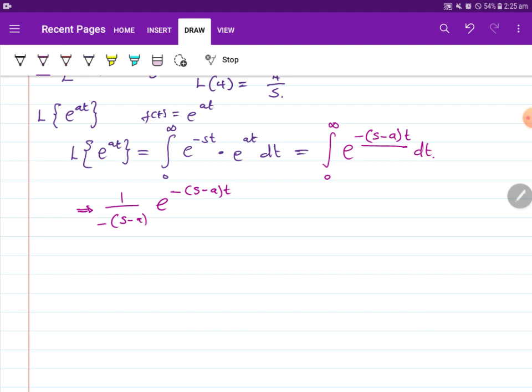Now I've integrated that, with boundary 0 to infinity, but don't forget the boundary is with respect to t.